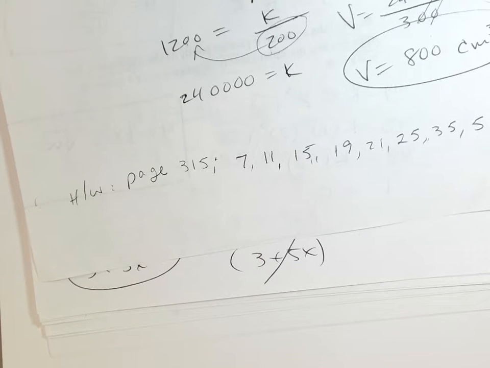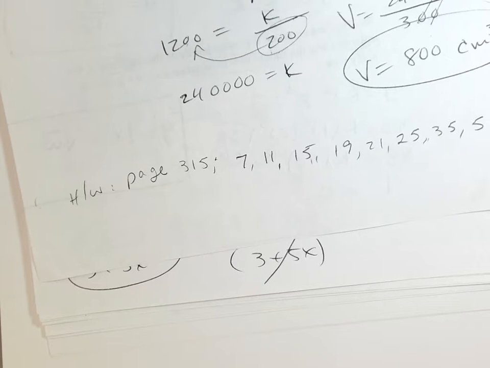What else we got? Y varies jointly as x and z, okay, so y equals k x z, and inversely as w. So just plain old w, right?